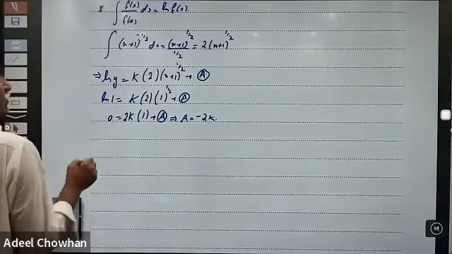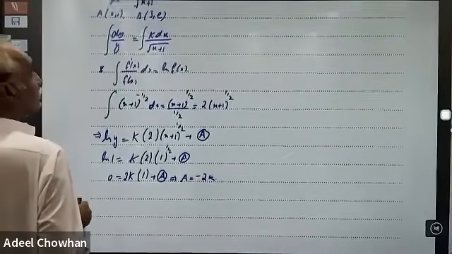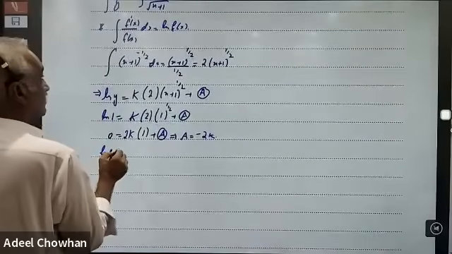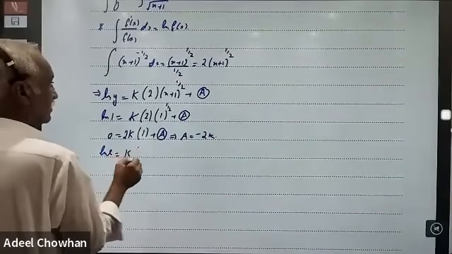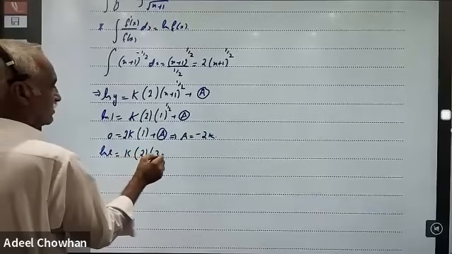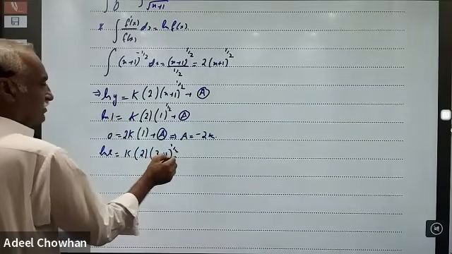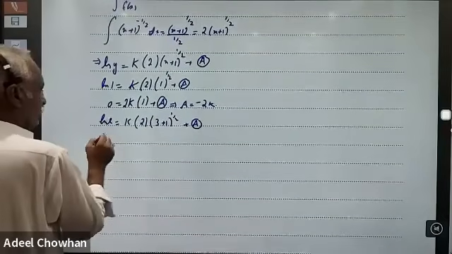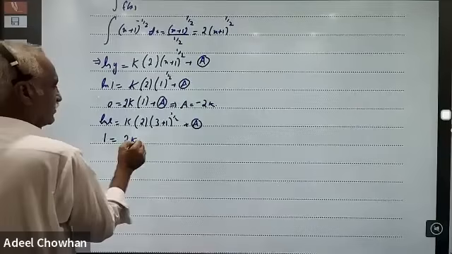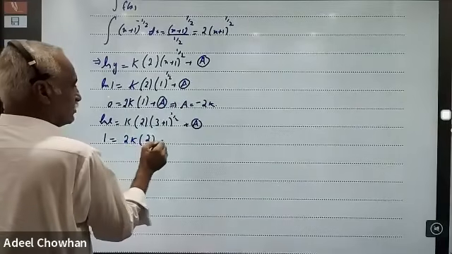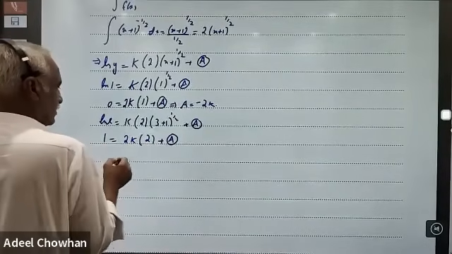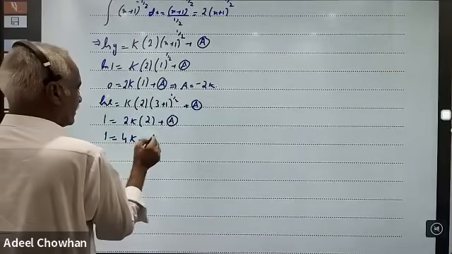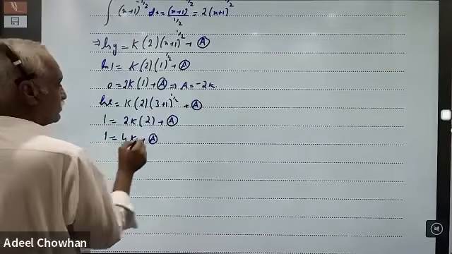Now for the second condition we put in log of e, which is equal to k into 2 into 3 plus 1 power half, plus A. So log of e is equal to 1, which is equal to 2k, 3 plus 1 is 4, 4 power half is 2, plus A. So 1 is equal to 4k plus A, but A value has been calculated as minus 2k.